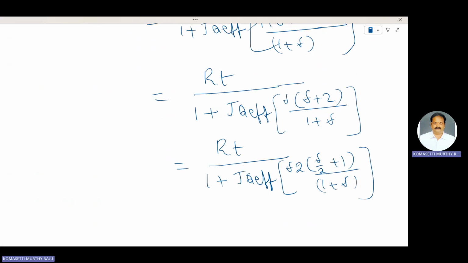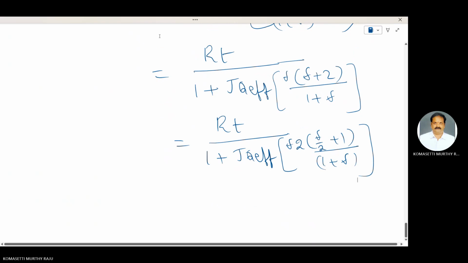Finally, these two terms are neglected. δ is less than 1. The fractional variation should be less than 1 because ω minus ω naught is small. Therefore, this term is neglected.